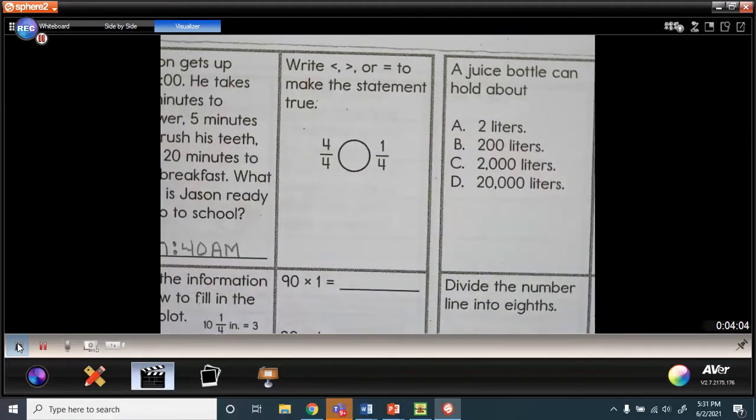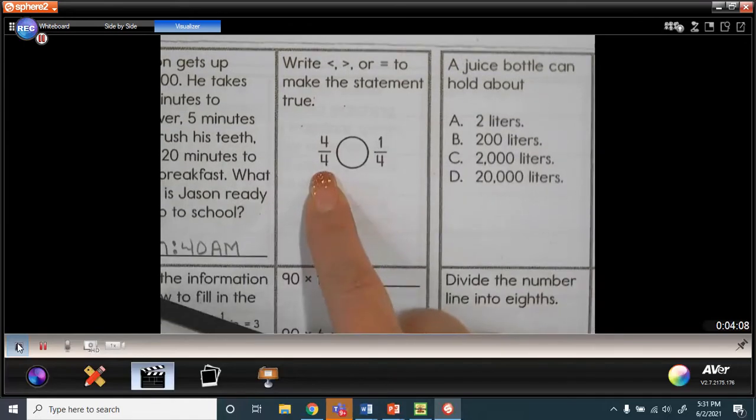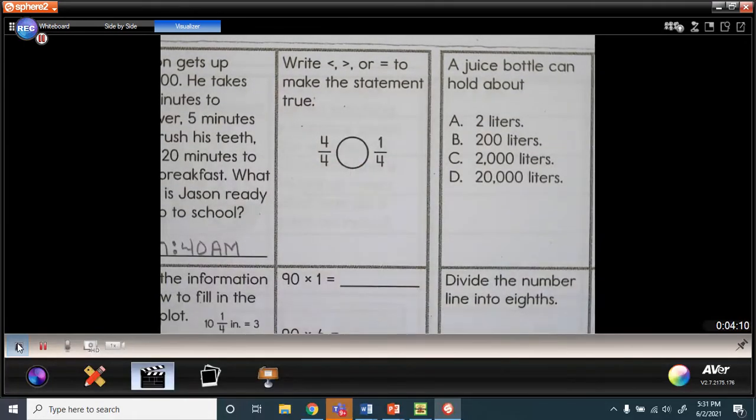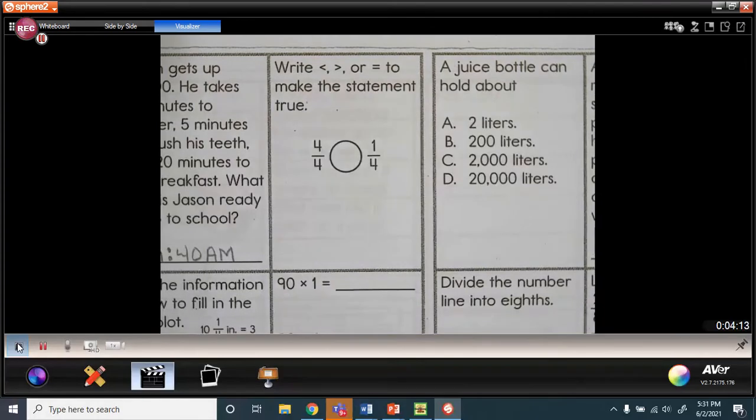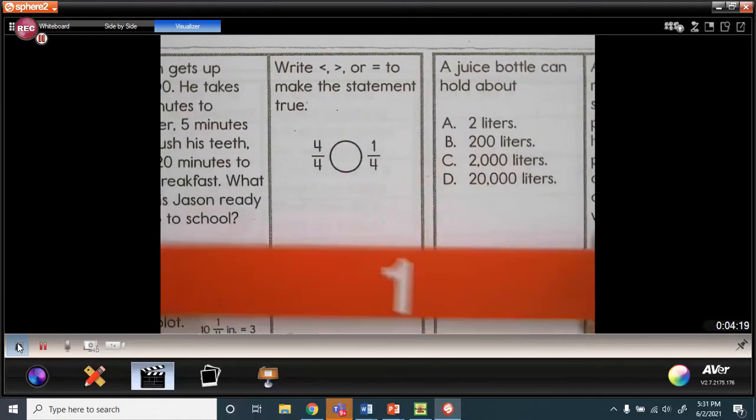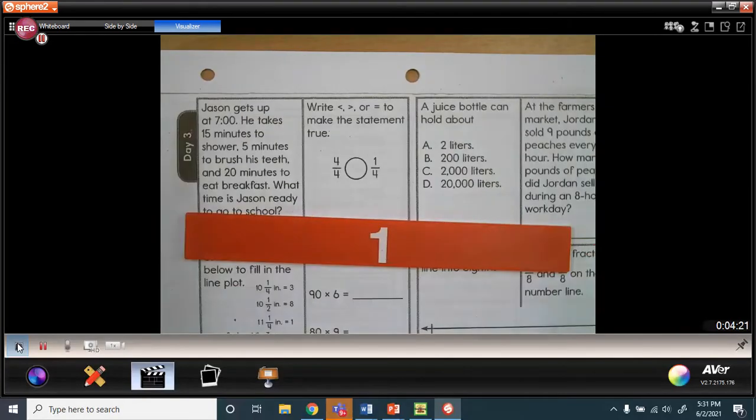All right, our next problem is comparing 2 fractions. Remember, your denominators right here tell us how many parts are in the whole. How many parts has the whole been partitioned into? So if I have a whole here, I have 1 whole, and I'm just going to zoom out.